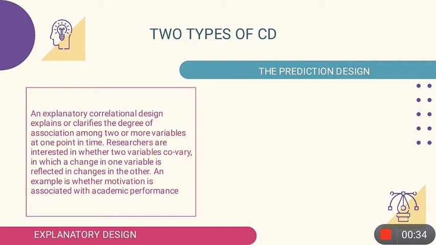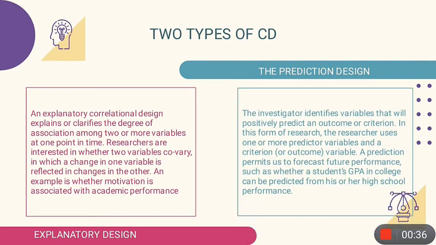Researchers are interested in whether two variables co-vary, in which a change in one variable is reflected in a change in the other. The second is the prediction design. The investigator identifies variables that will positively predict an outcome or criterion. In this form of research, the researchers use one or more predictor variables and a criterion or outcome variable.